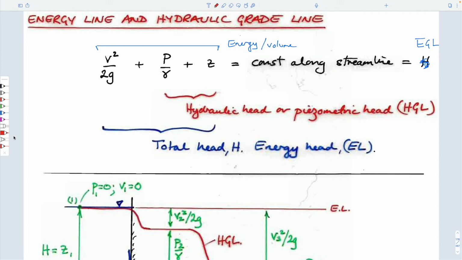The other term that we can use is if we just take the fluid parts and describe these as equal to head. And head is just equal to the pressure head and the elevation head. And this is the hydraulic energy. I can't remember whether it's unit mass or unit volume, so it doesn't matter.